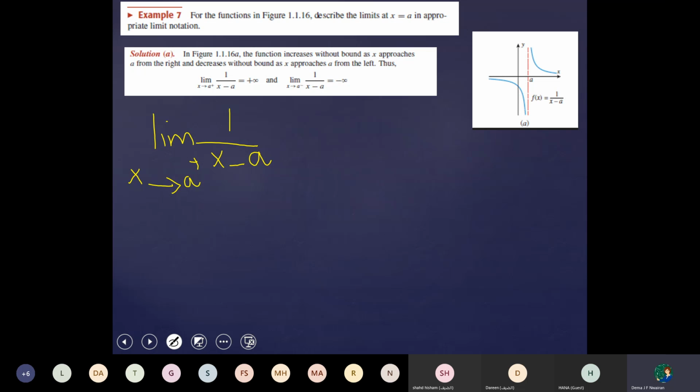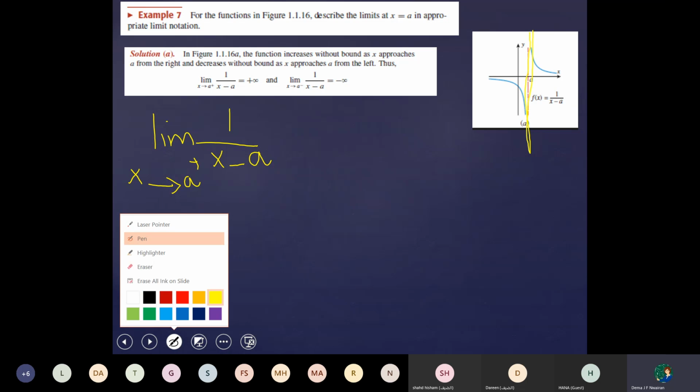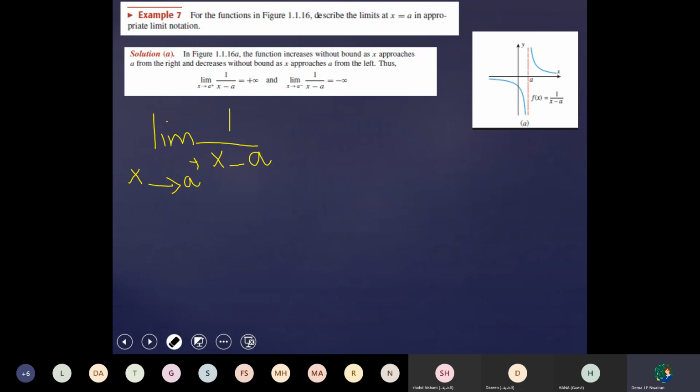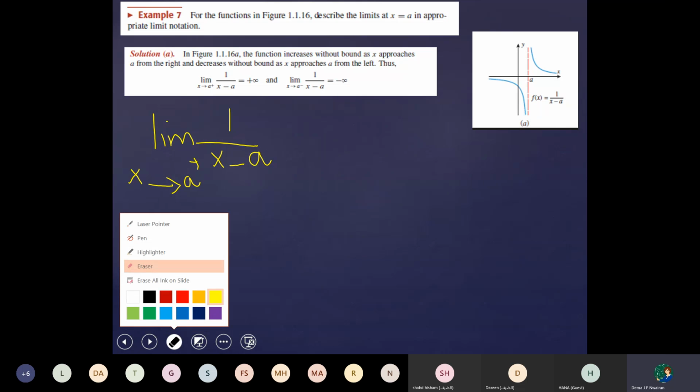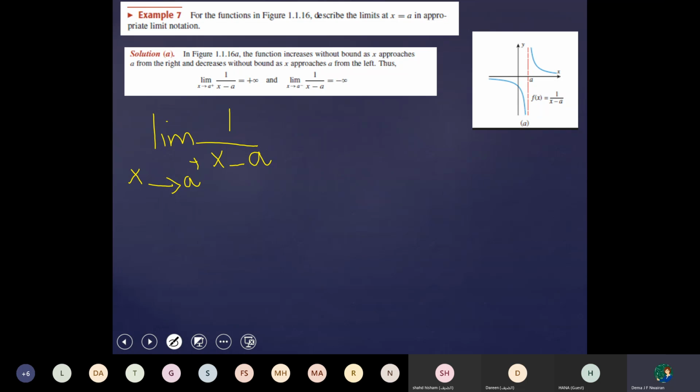We have the vertical asymptote at point a, the red line. At point a from the right, where's the curve going to be? It's going to the positive y-axis. So it will be positive infinity.